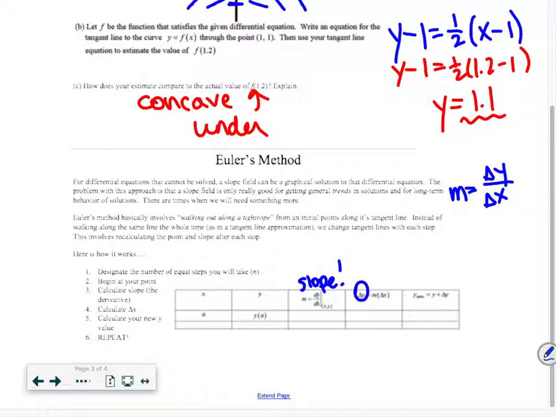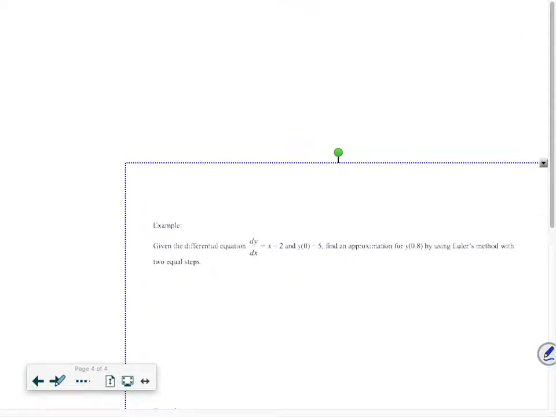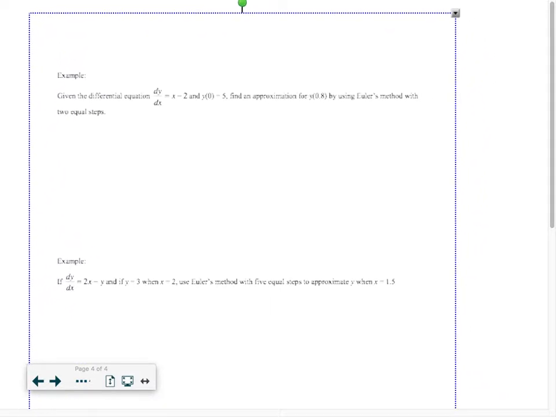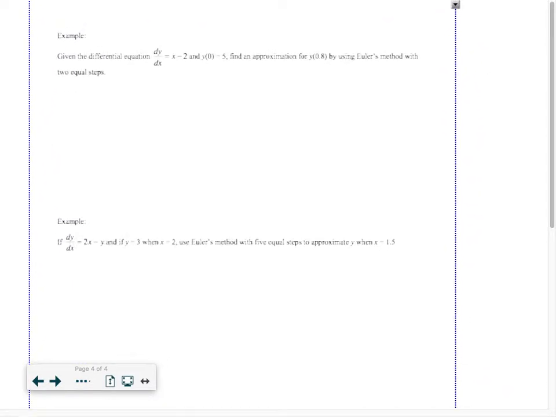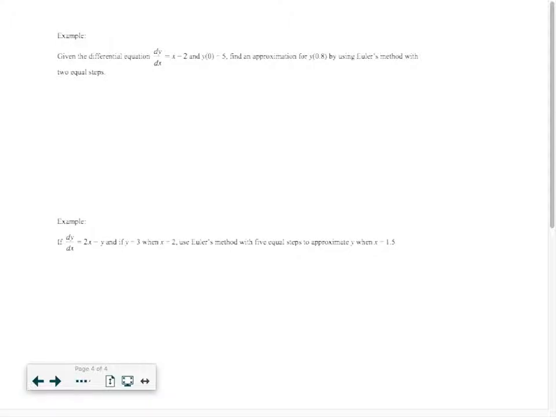We need to know how many steps, and we need to know what we're approximating along with the differential equation. All right, here we go. We'll have time, I think, to do both examples.